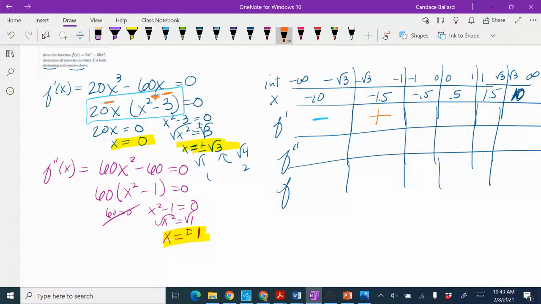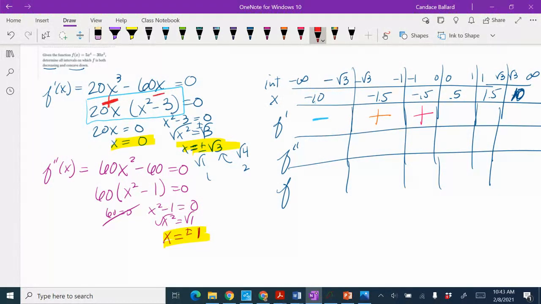All right, then we're going to plug in -0.5. When I plug -0.5 in, this would stay negative. -0.5 squared is 0.25, so the second factor would still be negative. So negative times a negative is still going to be positive. Now I'm going to plug in positive 0.5. Positive 0.5 here would be positive, and 0.5 squared is still 0.25, so the second factor is negative.